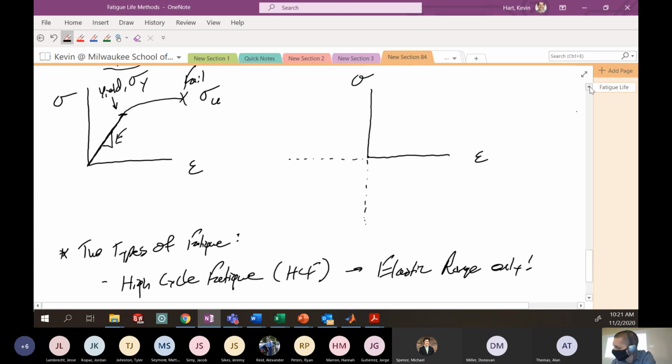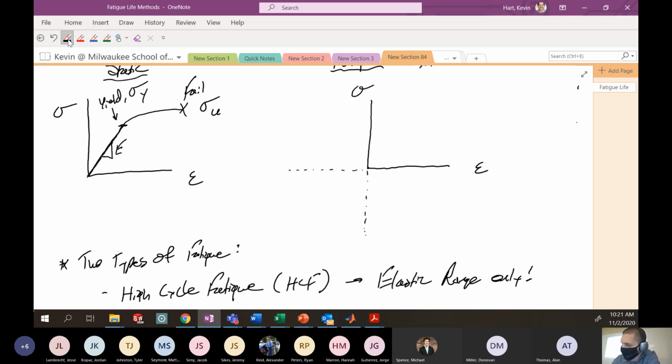Okay, so for high cycle fatigue, what you're doing basically is I'm going to load up, but I'm not going to get anywhere near what would be like this yield stress here in either direction. So I load up, and now I'm coming back and I unload to the same distance here, and I reload back to 0 like that.